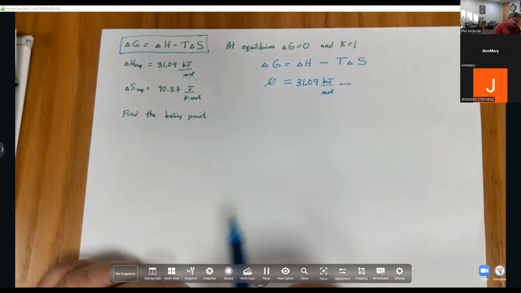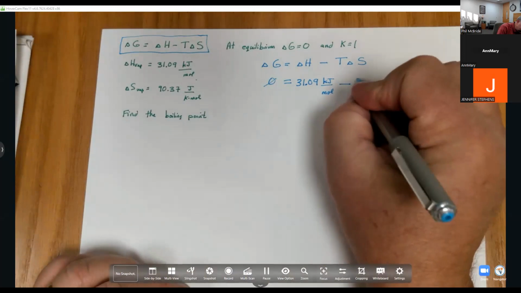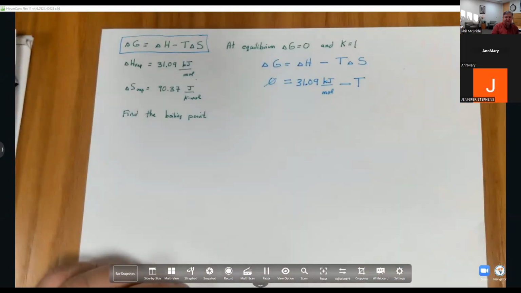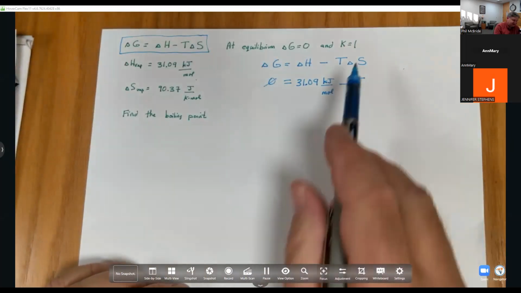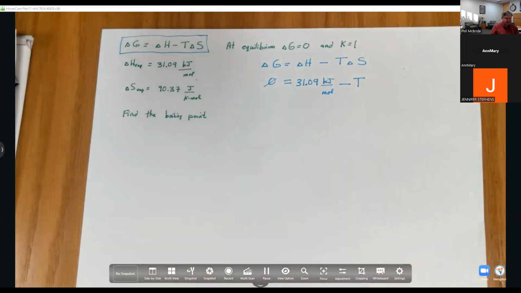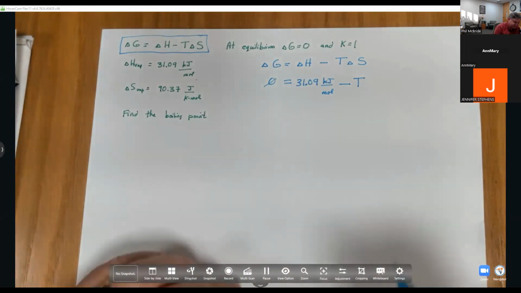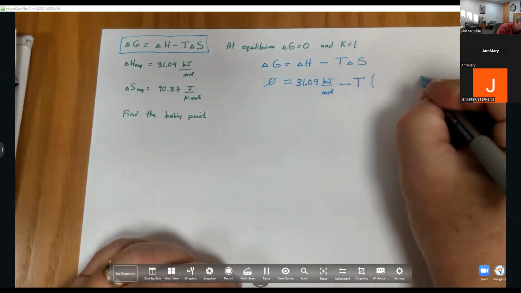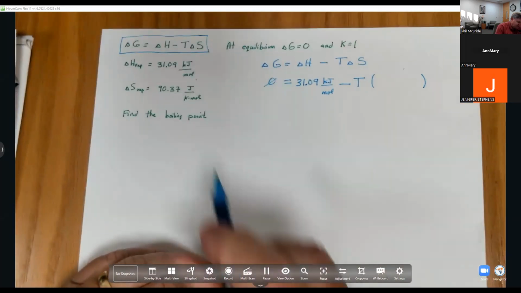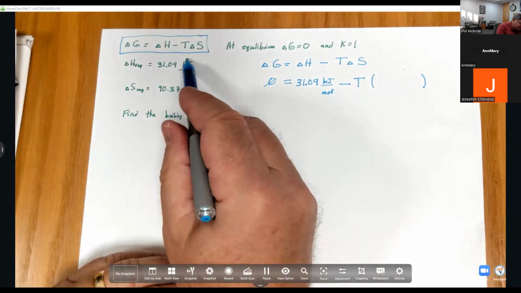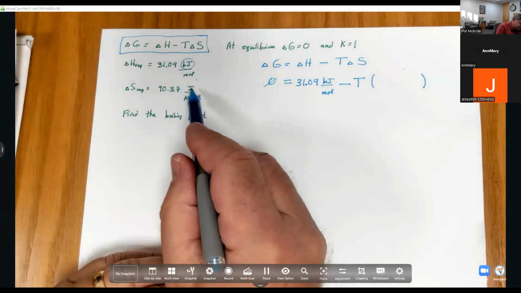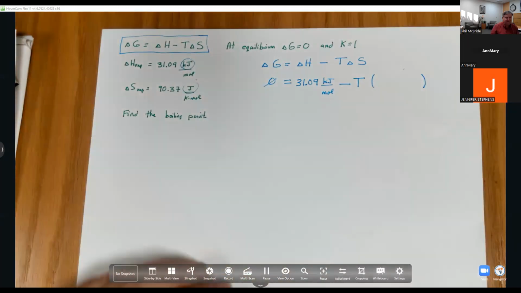It says find the boiling point, so I don't know the temperature. So I'm going to put T. And delta S, what do I put in for delta S? 90.37 joules per Kelvin mole. All right, so you'll notice that H is kilojoules, S is joules.